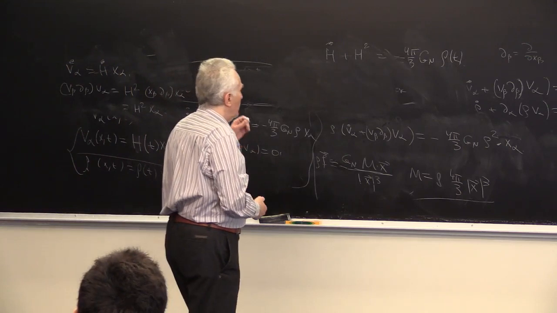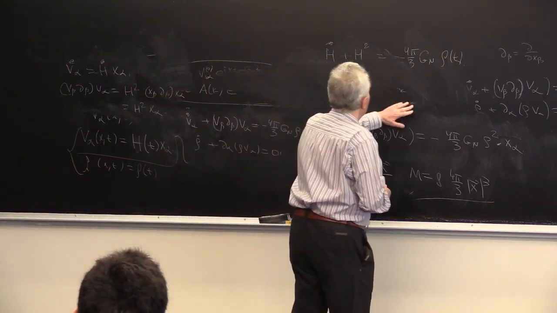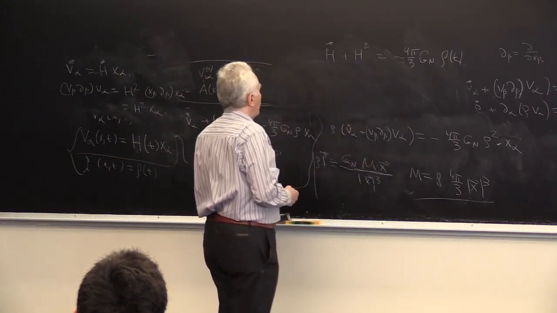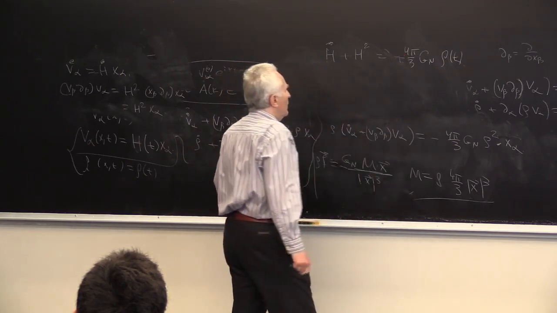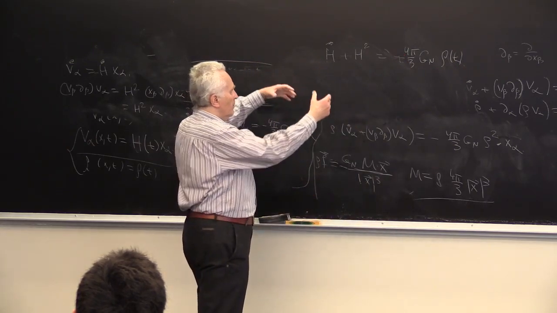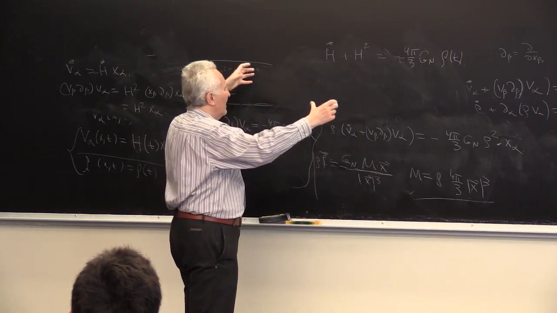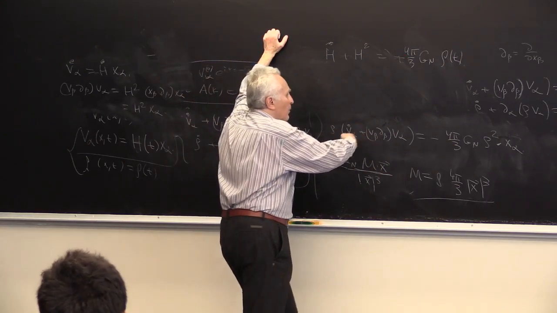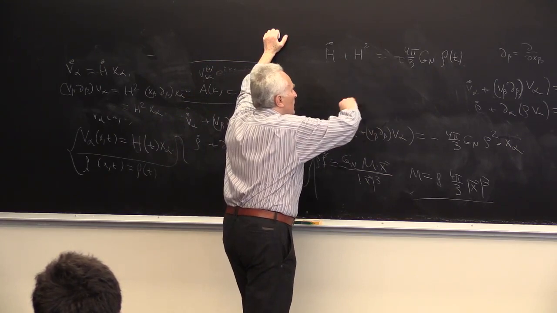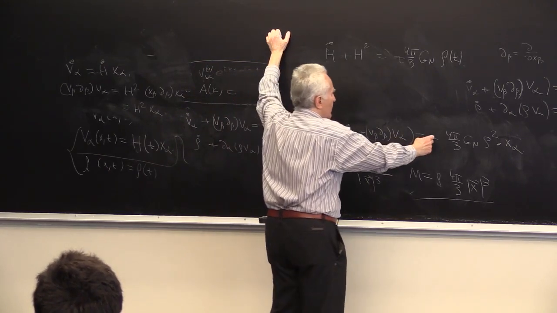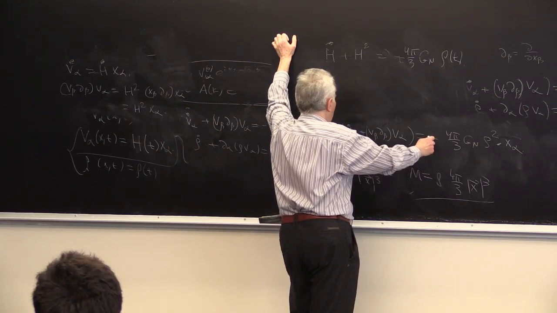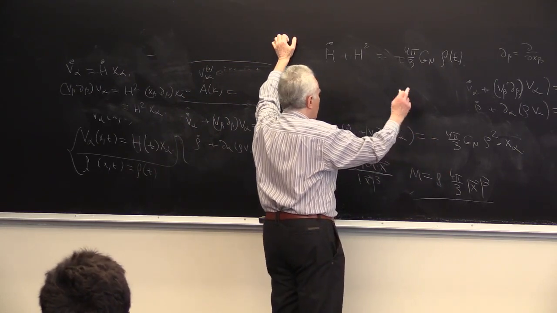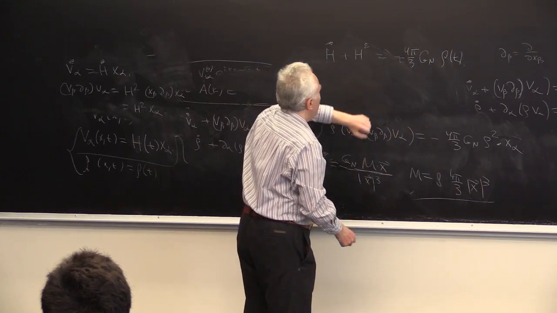And now, actually I believe it should be a plus. We have to figure that out by looking at the solution, following the equation carefully. There was a minus, there was a plus here because there was a minus for the gradient of the potential. Anyway, we will see.